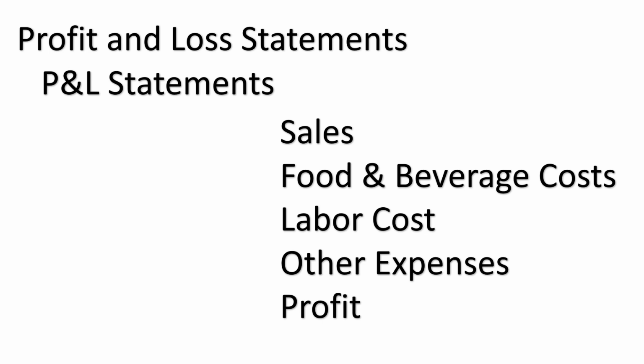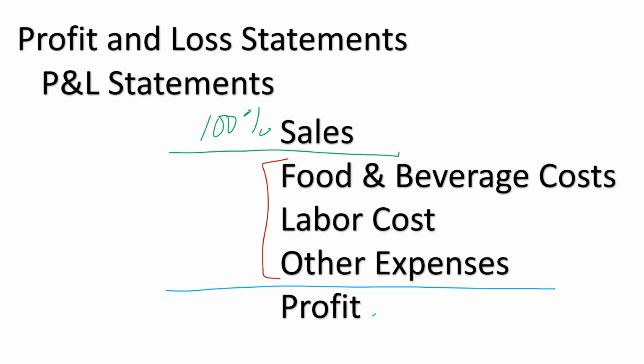Okay, so if you'll recall, our sales is 100%. As a percentage, everything else from here is going to get subtracted from our sales, and then what's left over is either going to be a profit or a loss. Of course, we want to operate at a profit.